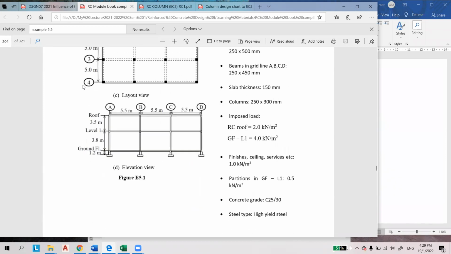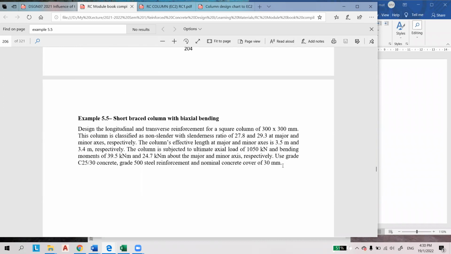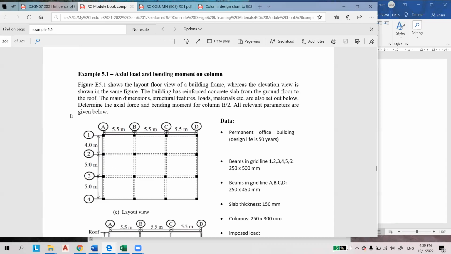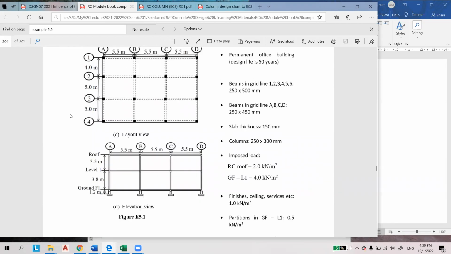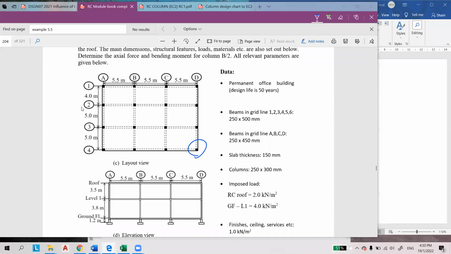Usually, for the design of a column involving biaxial bending, the column is located at the corner of the building, where you have a very strong moment. Let's say this is Z and this is Y. You have columns in both Z and Y directions, so you have to check for biaxial bending.